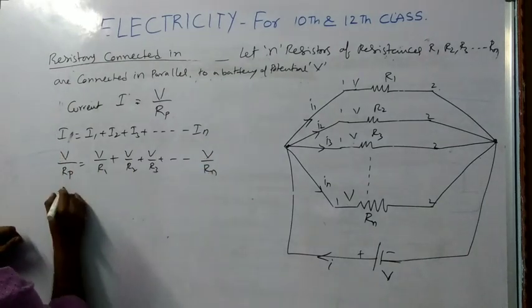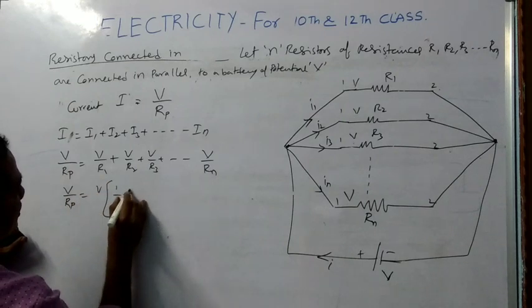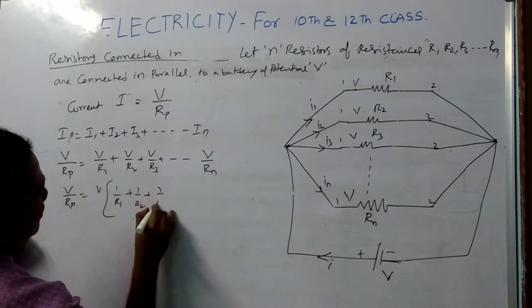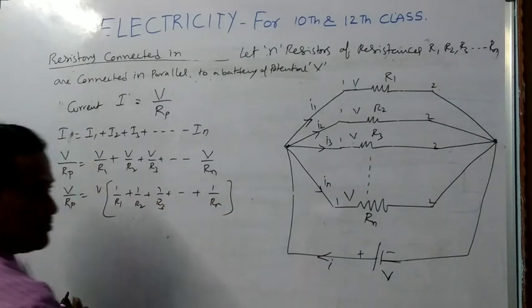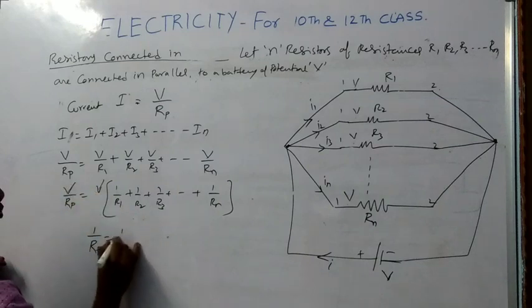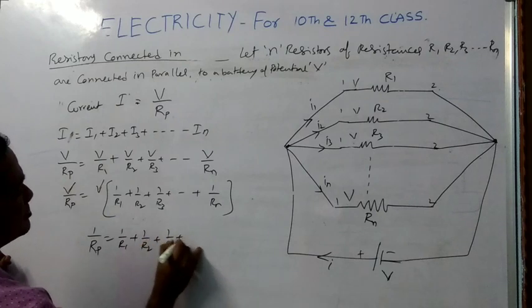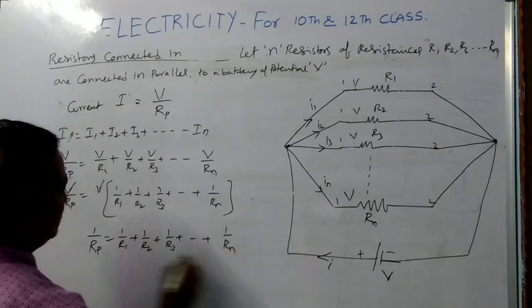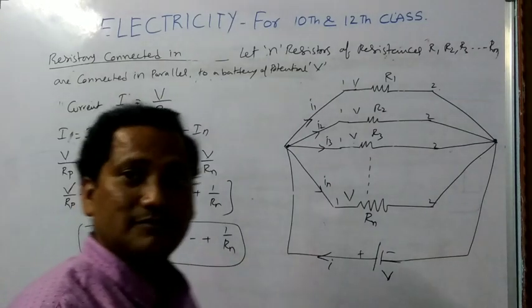Now take out V as the common: V times 1 by R1 plus 1 by R2 plus 1 by R3 plus dash dash dash plus 1 by Rn. Cancelling V, we get 1 by Rp is equal to 1 by R1 plus 1 by R2 plus 1 by R3 plus dash dash dash plus 1 by Rn. This is the formula for resistors connected in parallel.